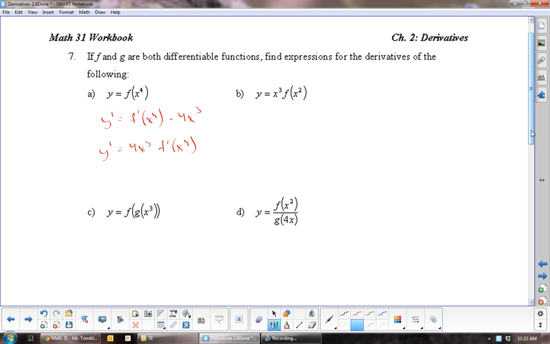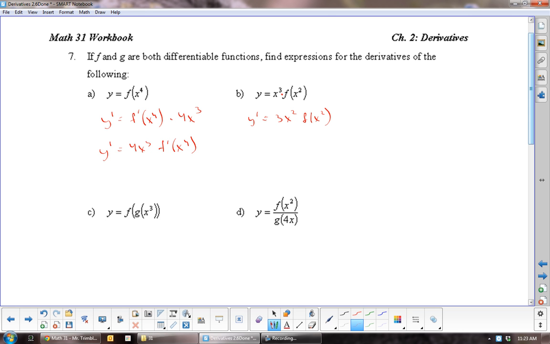Okay, now b has a mixture of the chain rule that we just learned and the product rule from two days ago, because we have two things multiplying each other here. So y prime is the derivative of the first, 3x squared, times the second, f of x.